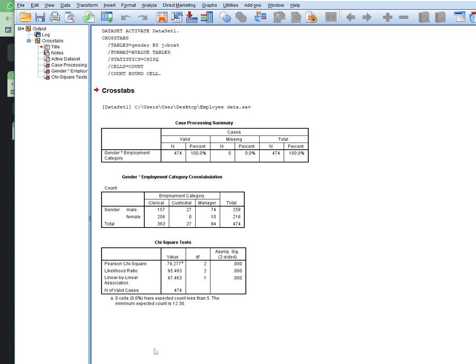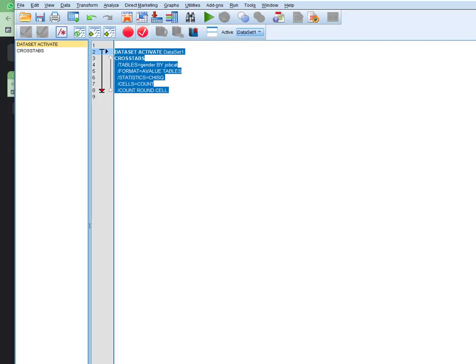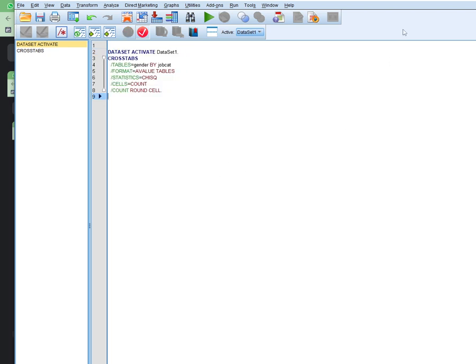Let's talk about the second test. This time we want to know if there's a relationship between salary and education level.